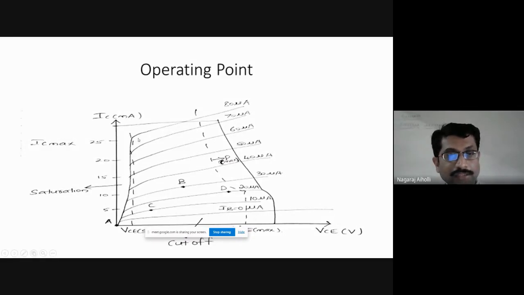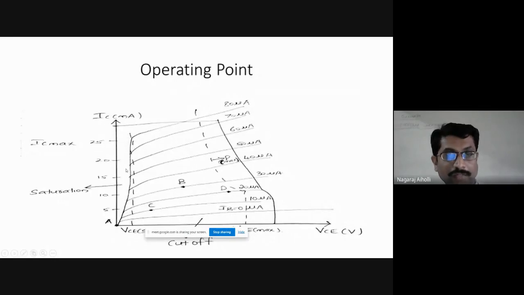If we consider the region behind this VCE saturation, this dashed vertical line that I have indicated, then it is called the saturation region. It is the saturation region because the collector current is maximum, hence it is called the saturation condition.